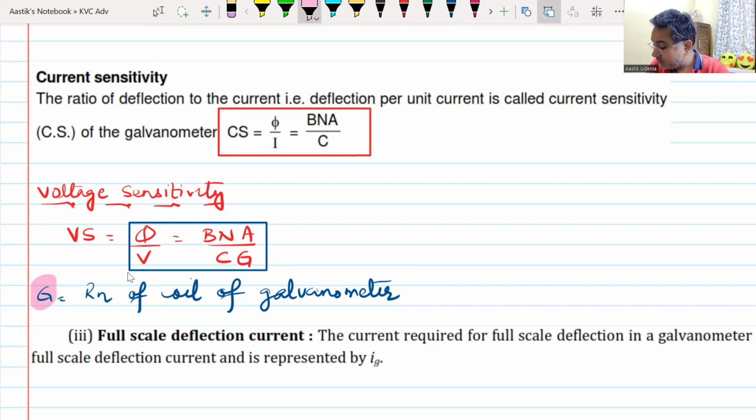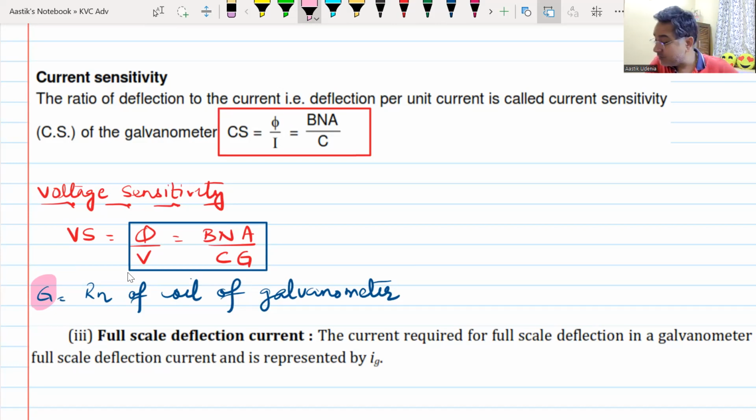Then there is a term which is known as the full scale deflection current. What do you mean by full scale deflection current? This is the maximum current that can flow through the galvanometer for which the galvanometer will give you full deflection. Do you understand the meaning of full deflection?